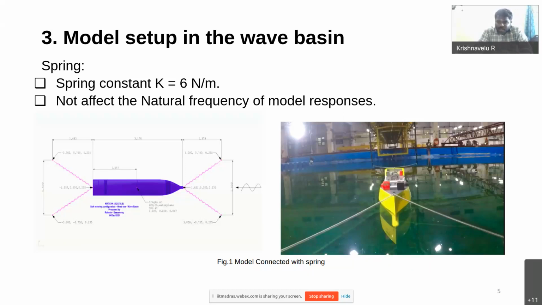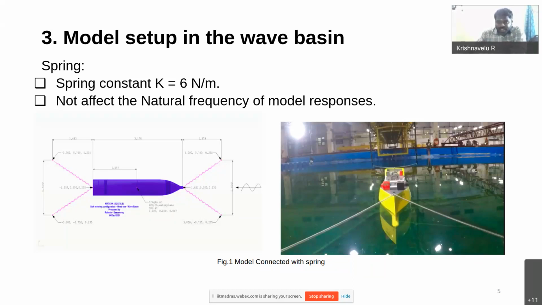The natural frequency of the model with spring and without spring should be the same, so that the spring does not affect the natural frequency of the ship. From the test, we identified that this particular spring, 6 Newton per meter, does not affect the natural frequency of the model for all the responses. That's why we are choosing this spring constant.